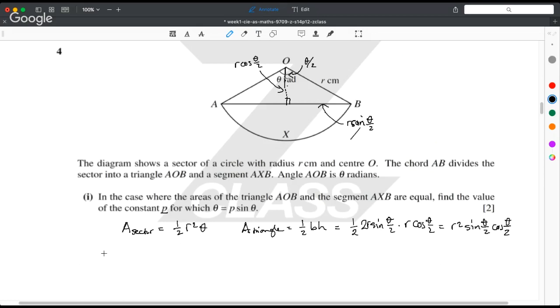So we're told that the area of the segment, which is equal to the area of the sector minus the area of the triangle, is equal to the area of the triangle.